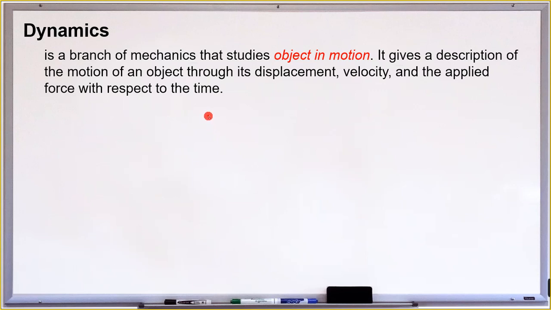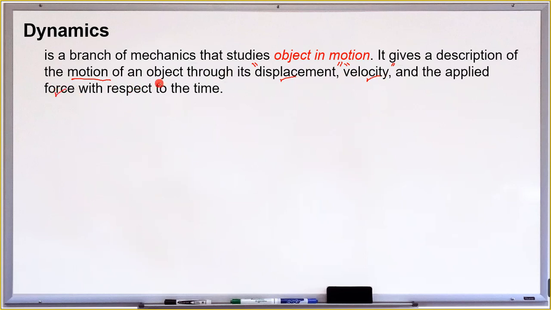So dynamics gives us a vivid description of the motion. So how are we going to describe its motion? Through these parameters. These are the common parameters that you will encounter in dynamics. We have the displacement, velocity, and the applied force.